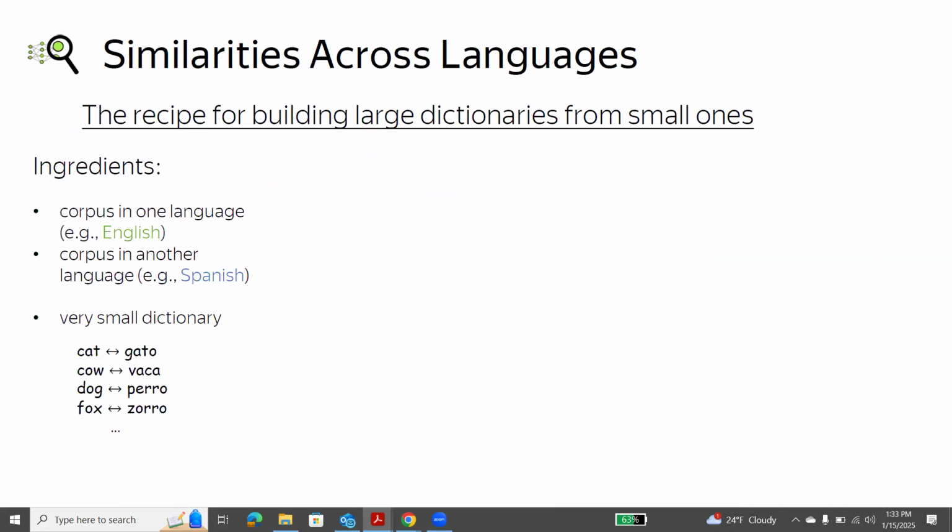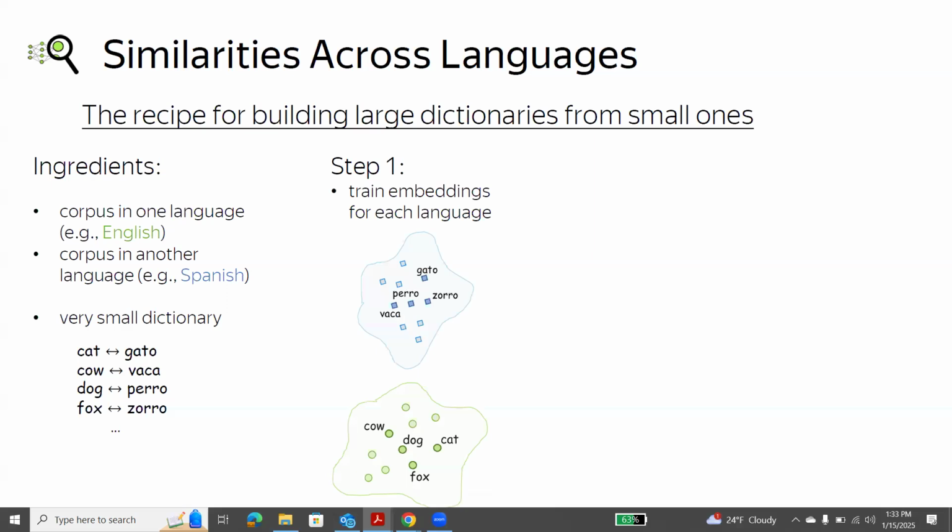Okay, I think what else? Similarities. Oh, the second really unexpected and interesting observation: the similarities across languages. Because now we were talking about similarities of words inside a language, but what about different languages?